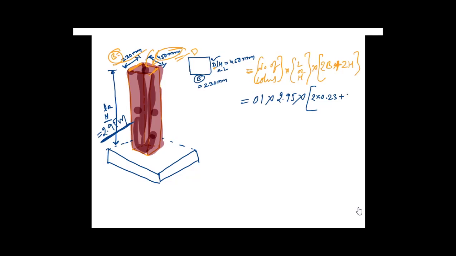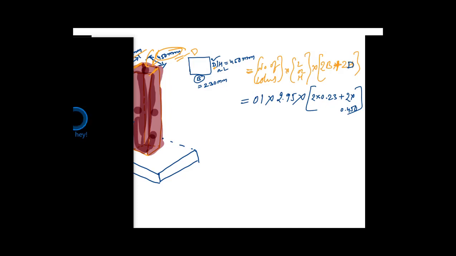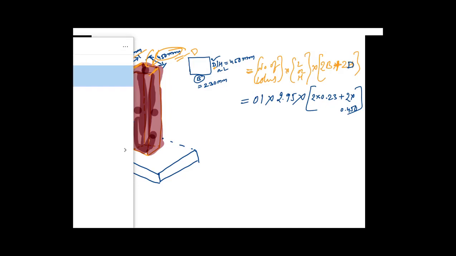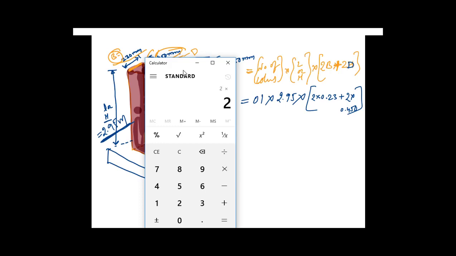So here the depth is 450, that is 0.450. Now let's calculate the quantity of shuttering of this column: 2 multiplied with 0.45 plus 2 multiplied with 0.23.